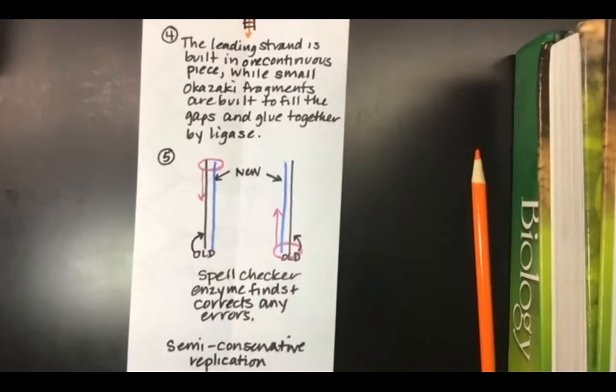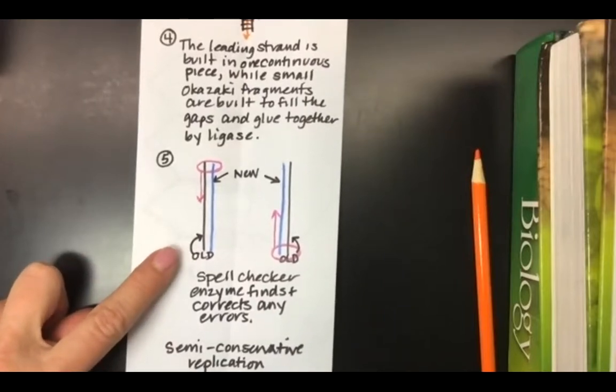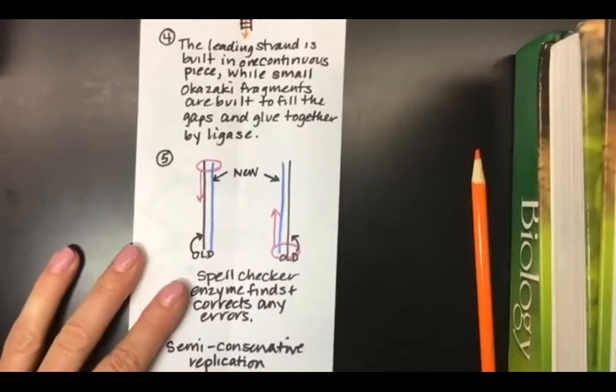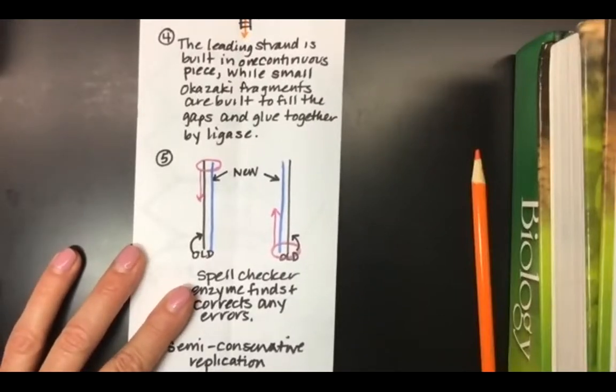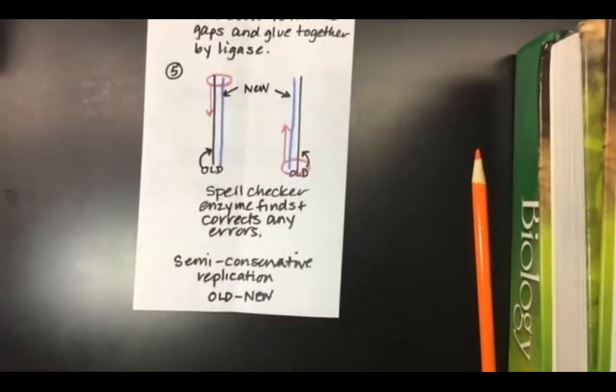Semi-conservative replication refers to this picture that we have here, which says that each new molecule is going to be old and new together. It is half conserved. Old, that's fully conserved. That didn't get changed at all. And then the other half is brand new. So conserved, not conserved. Half conserved replication.